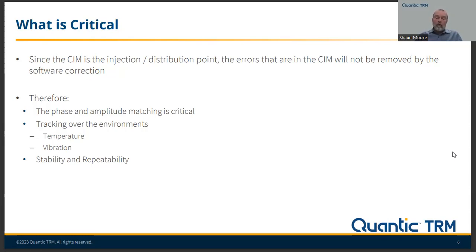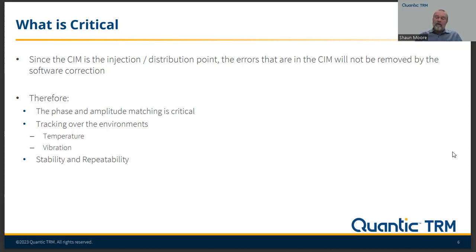Therefore, what we're really concerned with is phase and amplitude match through that entire power divider and coupler network across all the ports. We're also very interested in making sure that we design a part that is extremely stable over temperature, vibration, and all the other environments. Since this is the one component that is going to be adjusting for all those variables, it really can't vary across those same variables, otherwise it won't do its job.